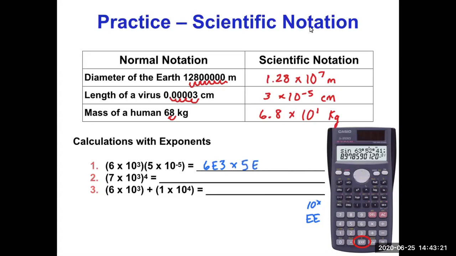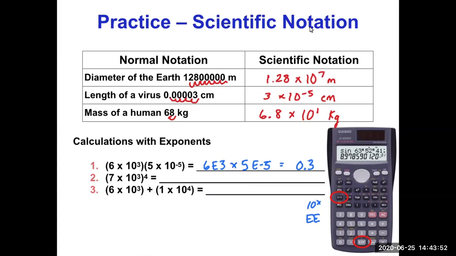Now this is a -5, so you want to be sure that you use this negative button right here. Okay, so you're not using the function key over here. This is just labeling that as a negative. And that's a -5. That's what it would look like, and your answer would come out to be 0.3.